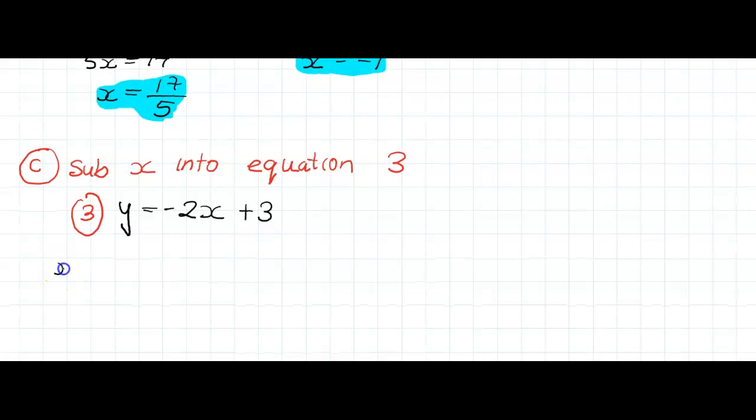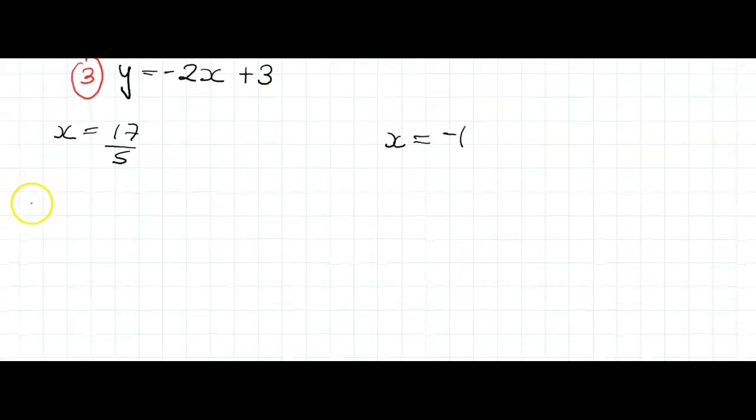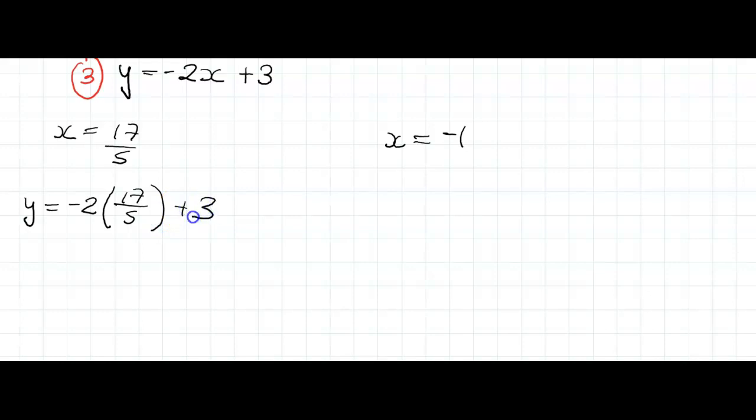So if we let x is equal to 17 over 5 and we let x is equal to minus 1, so y then is equal to minus 2 by 17 over 5 plus 3.